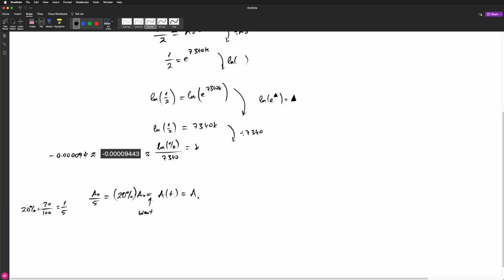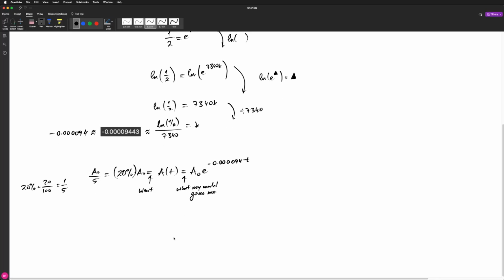On the other hand, what my model gives me is A0 times e to minus 0.000094 times whatever that t is, right? I need to solve for t.